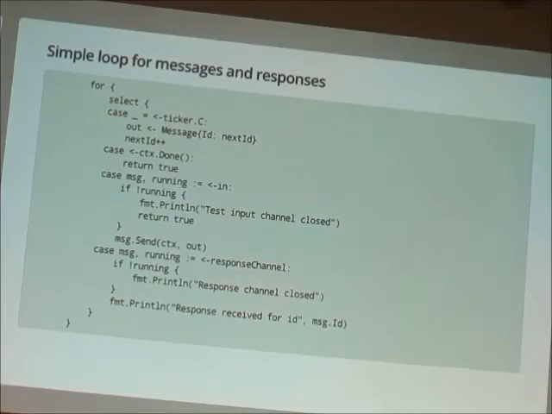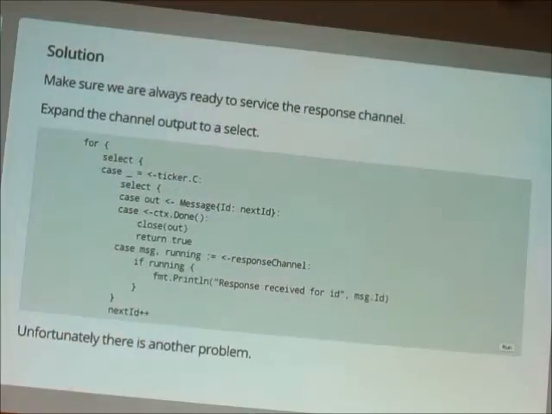So the problem is that as soon as we hit this line, we're trying to output the message, but we actually have a message coming in on the response channel at exactly the same time, and we're not in a position to handle it. So the solution is to turn that output into another select inside the original select, where we handle the context cancel case as well as the response channel case.